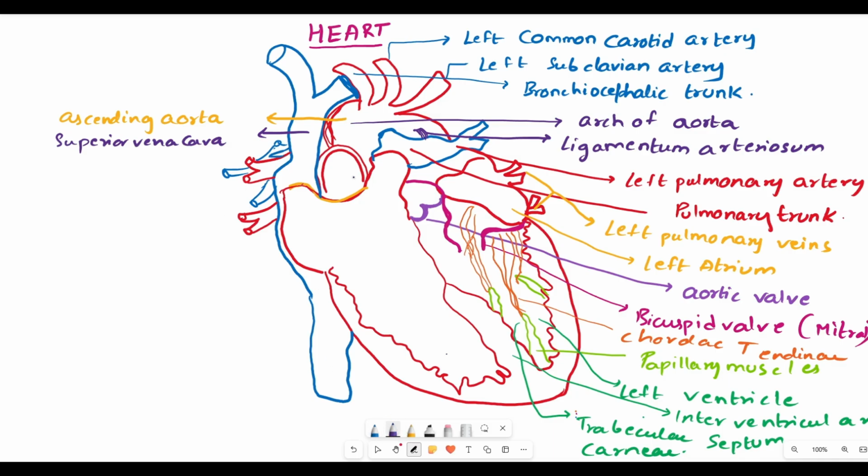So here if you can see, these blue colored ones are called as the right pulmonary artery. The red colored one is called the right pulmonary vein.